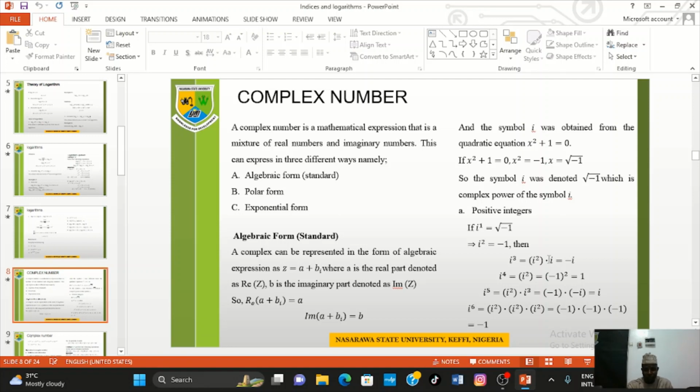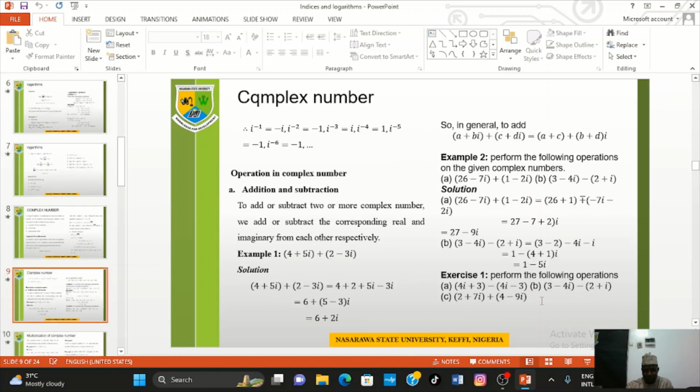And here the 2 multiplying the 2 will give us what? i raised to the power of 4. So we know that i raised to the power of 2 is equal to minus 1. And when we open and close that minus 1 to the power of 2, it will give us what? 1. So you would continue having them like that.